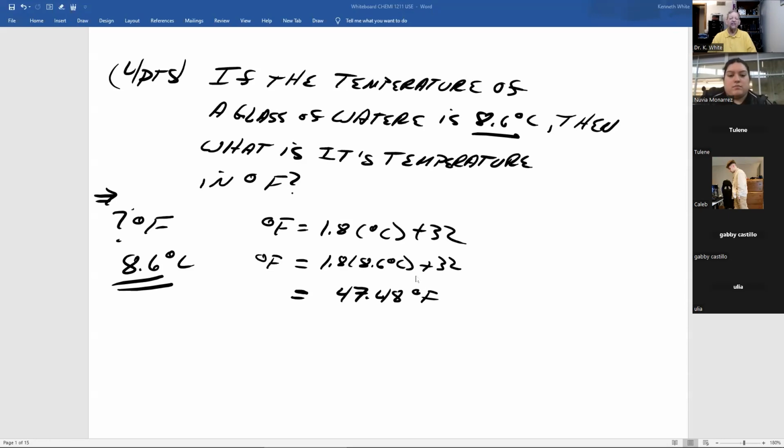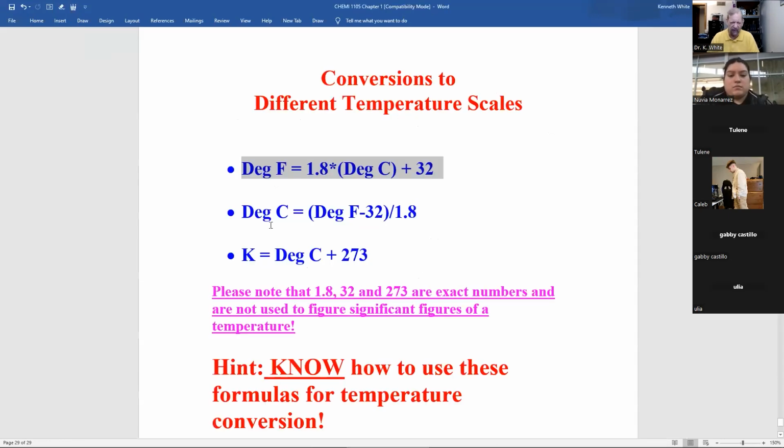All right, let's look at the second formula. That goes from degrees F to degrees C. You take degrees F and you subtract 32, and then you divide by 1.8. Listen carefully, because I don't want you to make this mistake on a test.